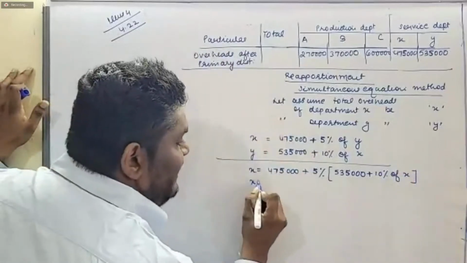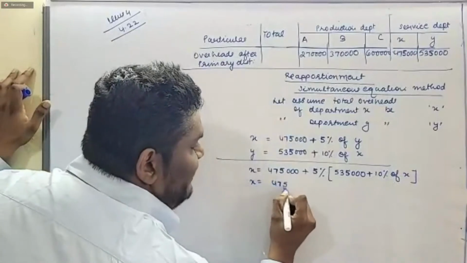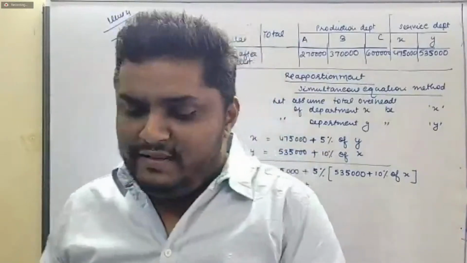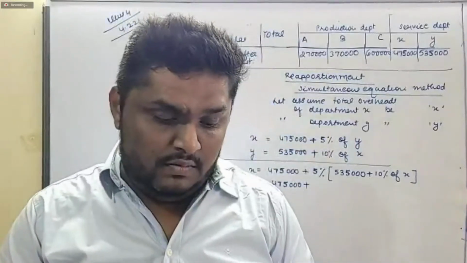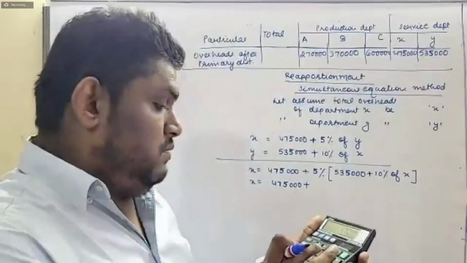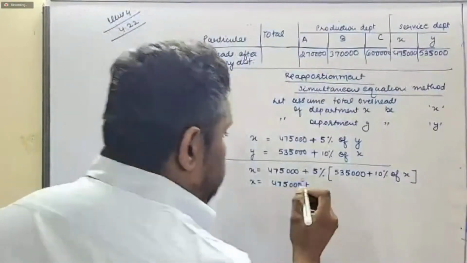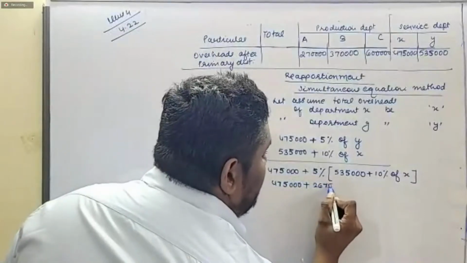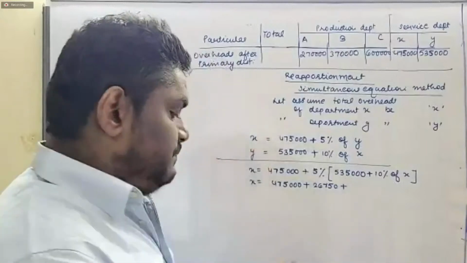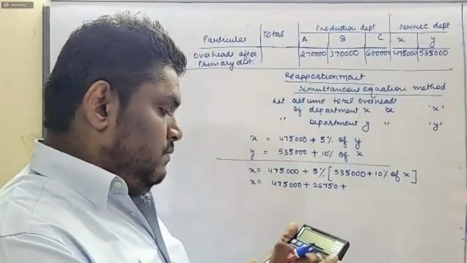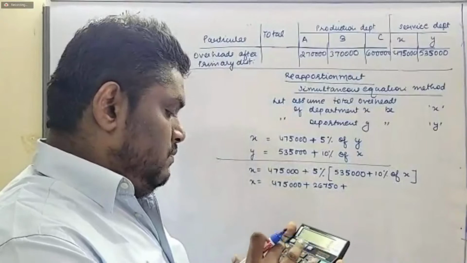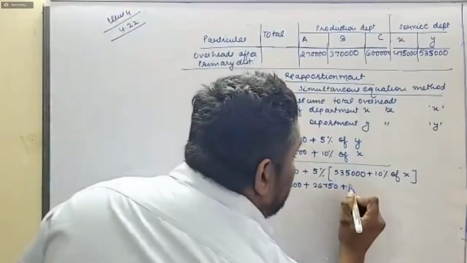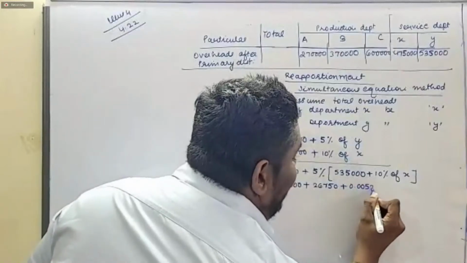So let's open the brackets. 4,75,000 plus 5% of 5,35,000. This will be 26,750 plus 0.005x.